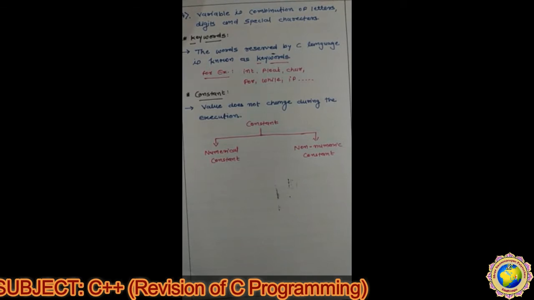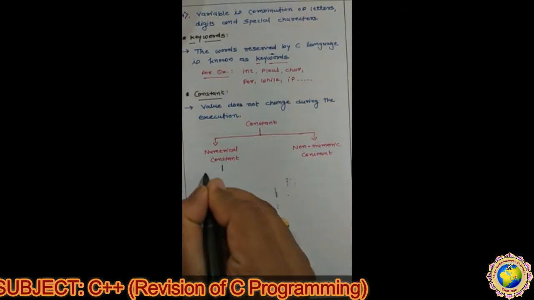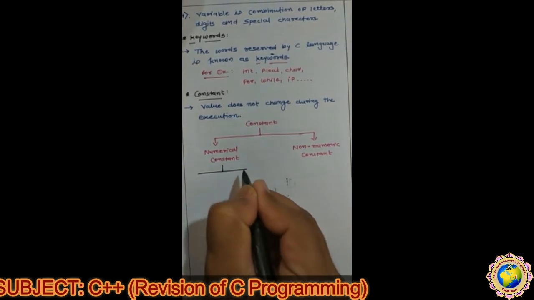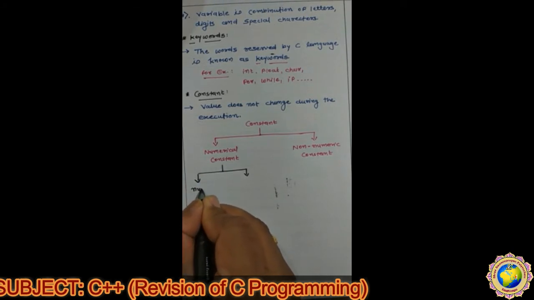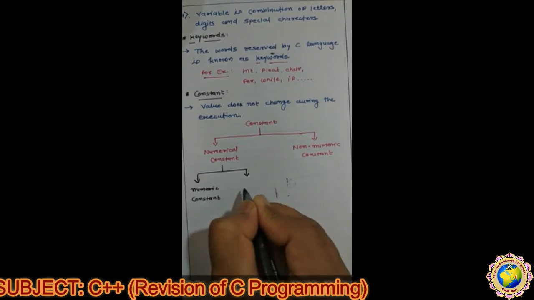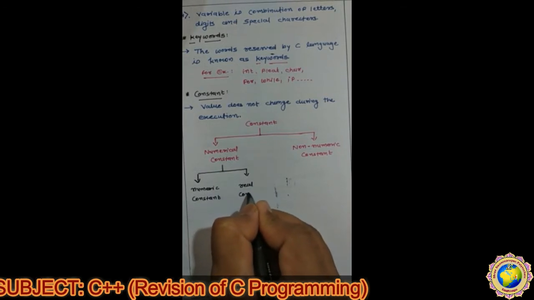In the numeric constant there are two types: the integer constant and the real constant.